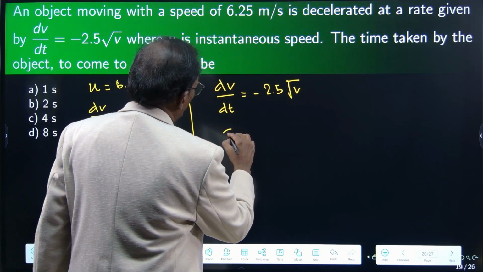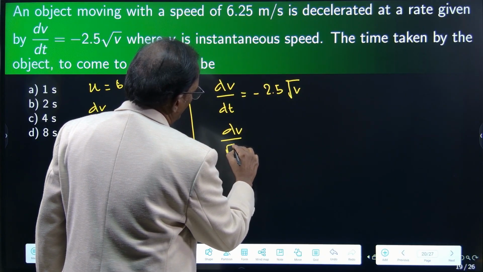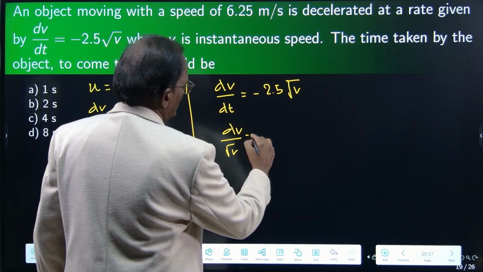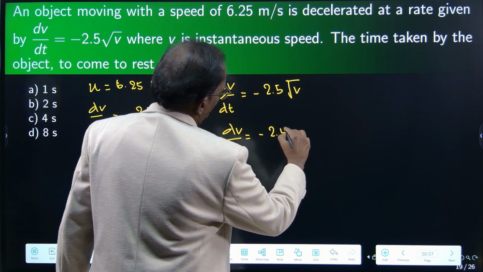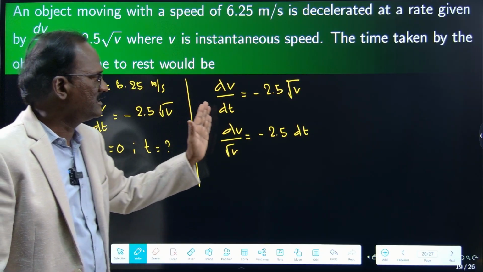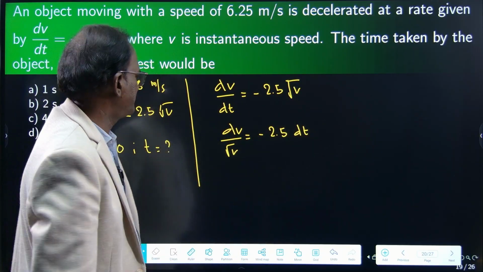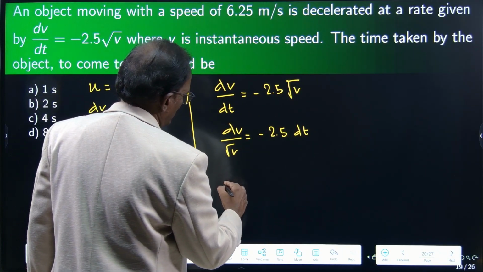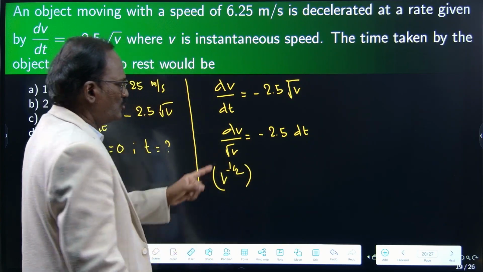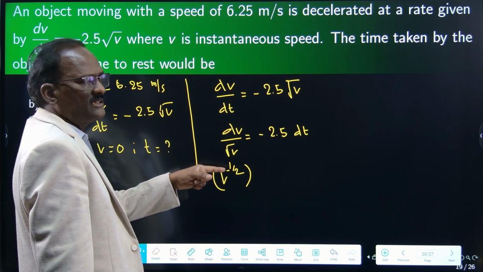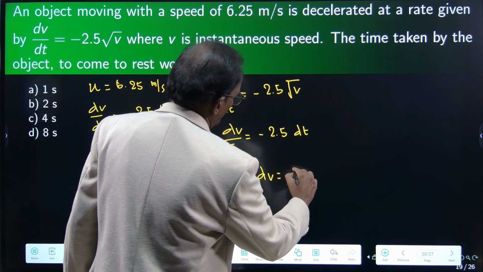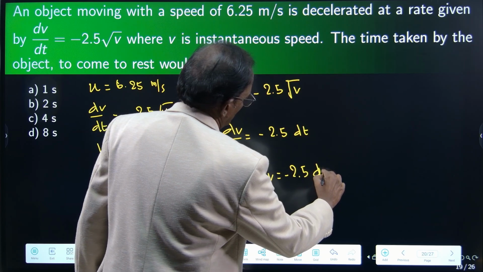Separating the variables, dv by root v. I am taking v here because this is v, this is also v. Then minus 2.5 dt. So velocities are coming one side, time is coming another side. This can be written as v power minus half dv is equal to minus 2.5 dt.